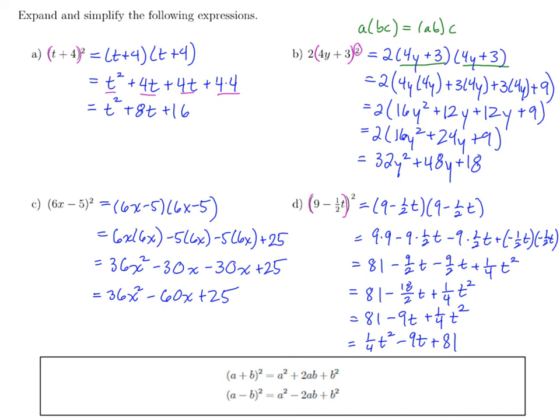Similarly, if we look at this quantity 6x minus 5 squared, and we look at that pattern shown in the formula, in one of those middle steps, we see this 6x times 6x, which is quantity 6x squared, and so that was our a. And then we see minus 5 times 6x minus 5 times 6x.